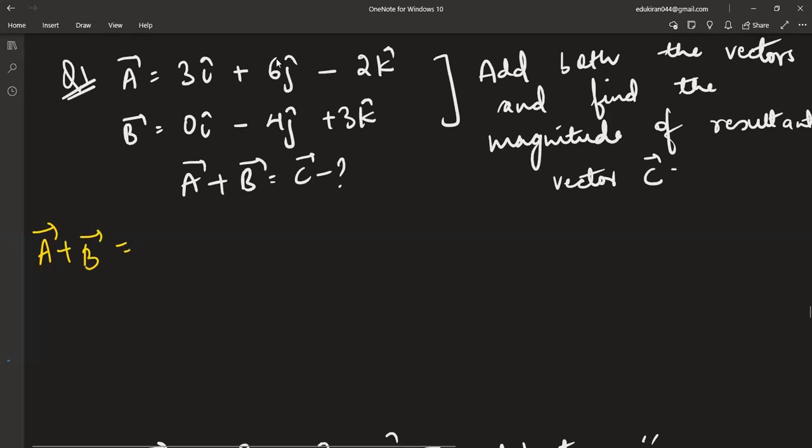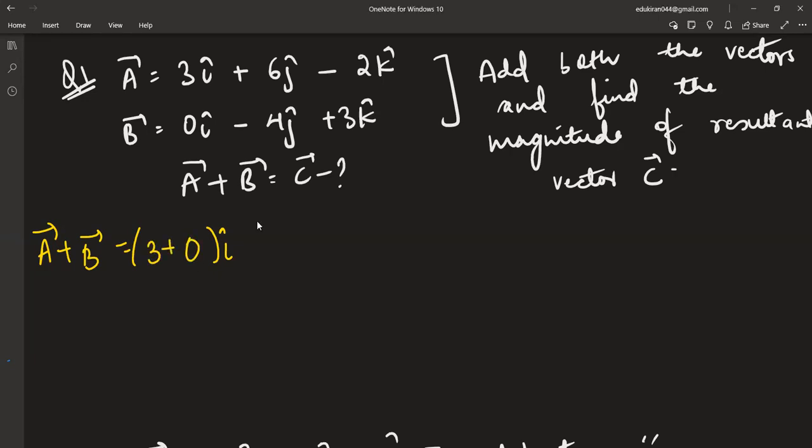All right. Yes, Khadija, you tell me the procedure after it. See, what should be added? Coefficients get added? Yes. So it should be coefficients of I cap, 3 plus 0. 3 plus 0, 0.